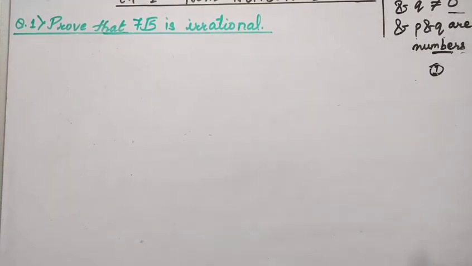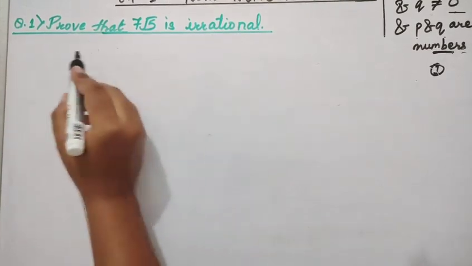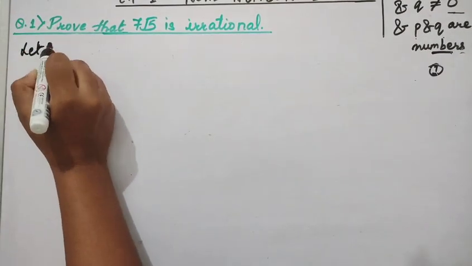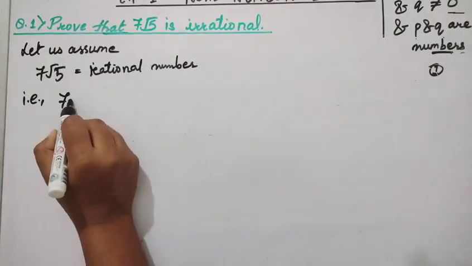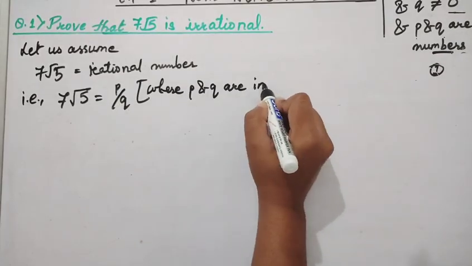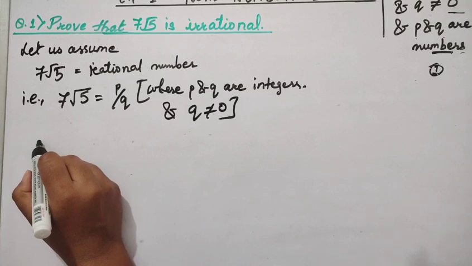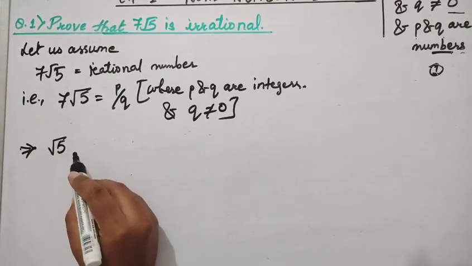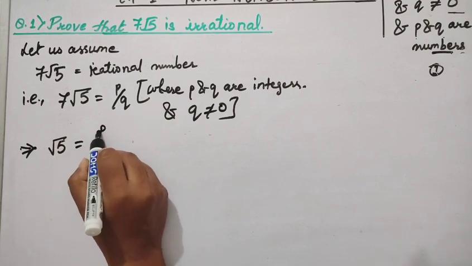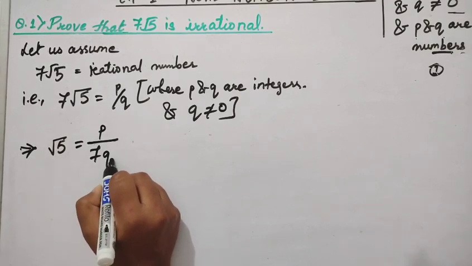Next we have to prove that 7 root 5 is irrational. Same way, let us assume it is rational. Next what we have to do, we have to keep the square root on the left hand side and all the integers towards the right hand side.